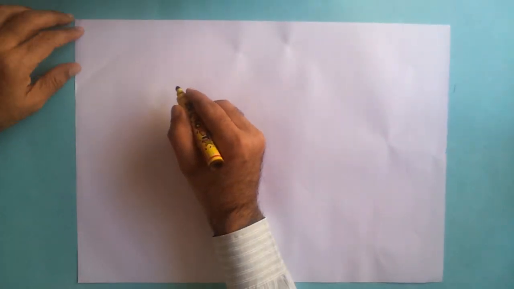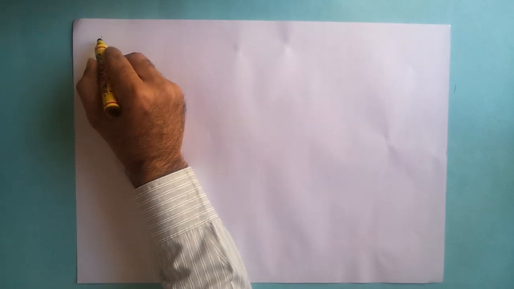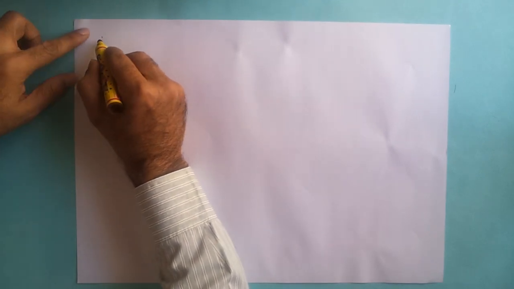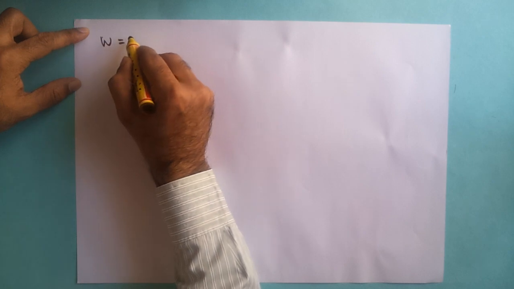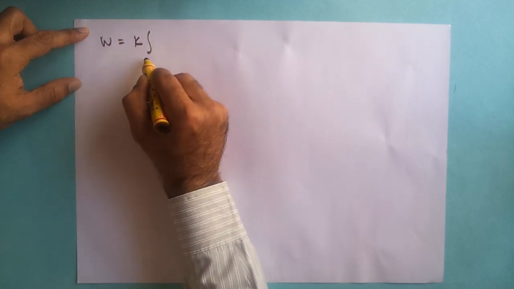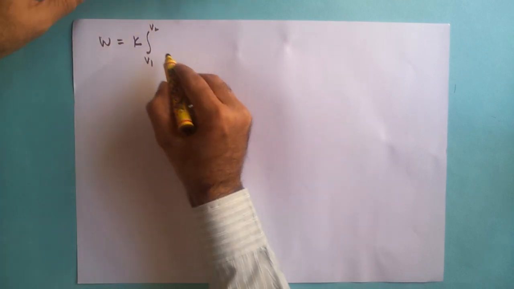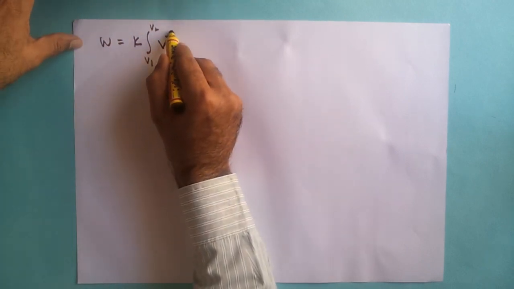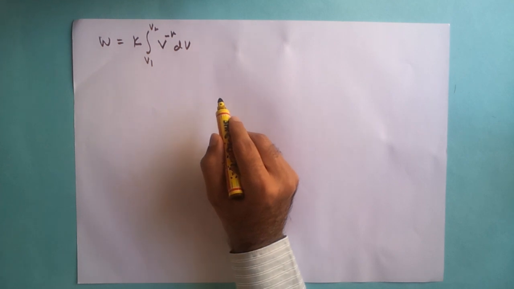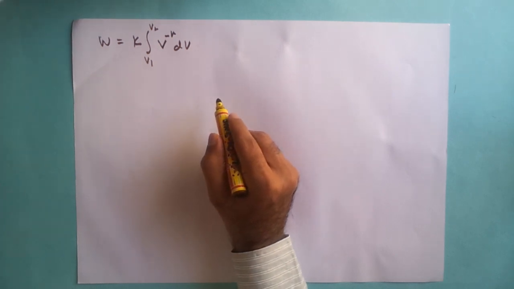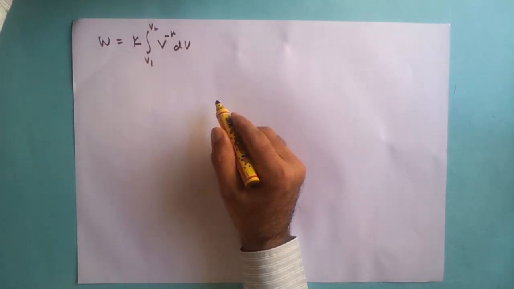I have got the equation W is equal to K times the integration from V1 to V2 of V raised to minus gamma into dV. So this is the equation I have got. I'll take the discussion further on this.